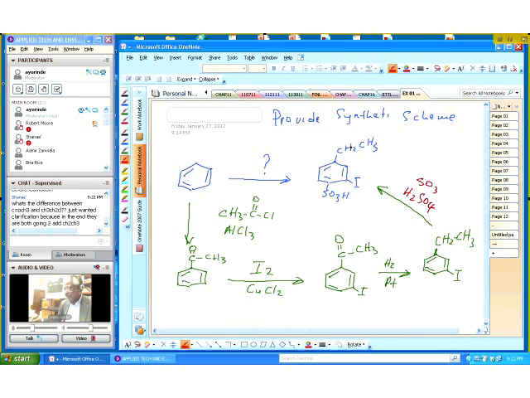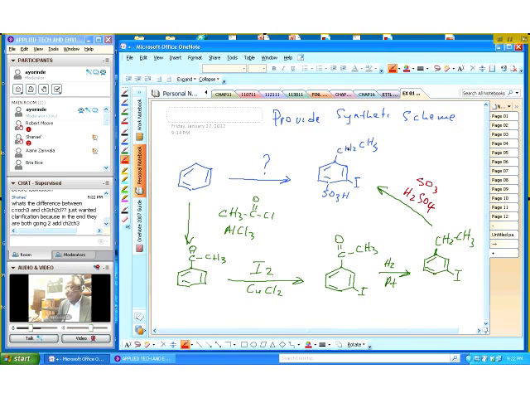In this particular instance, we know that this ethyl and the iodine are meta to each other. But if you simply introduce the ethyl right away, ethyl will not direct to the meta position. It will direct to the para position.